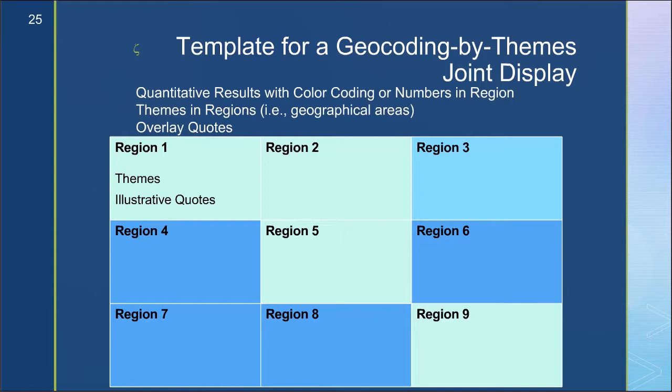And then you can use different techniques to present data by region. So we can use things like color coding, as you see in this example, to indicate maybe levels of a categorical variable. So let's say high, middle, and lower scores on a certain measure. We could overlay themes, illustrative quotes. We could overlay other information like percentages in these.